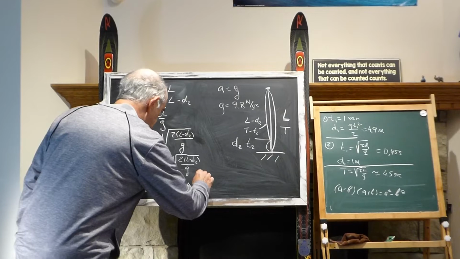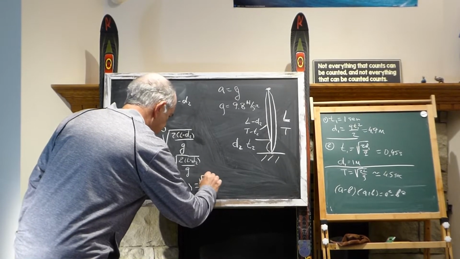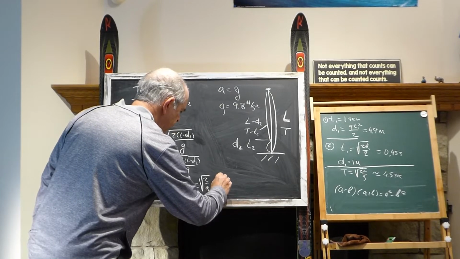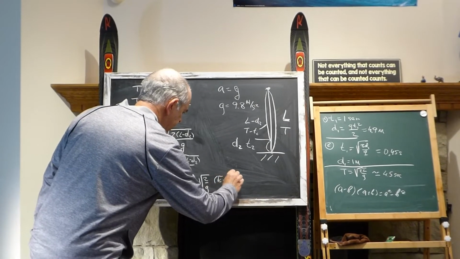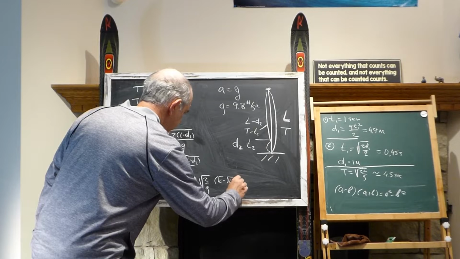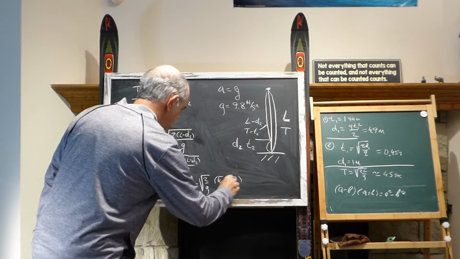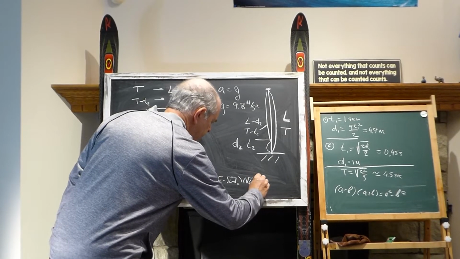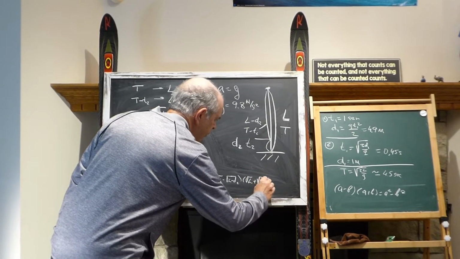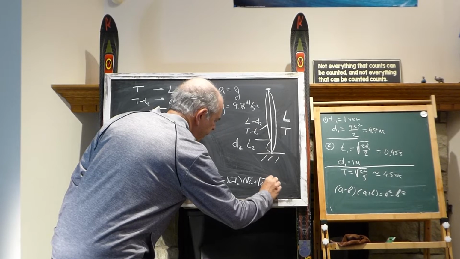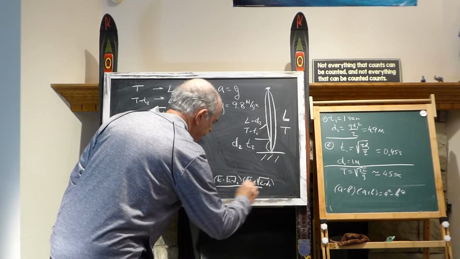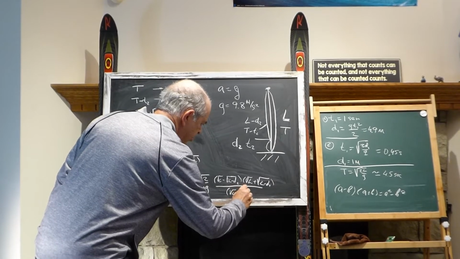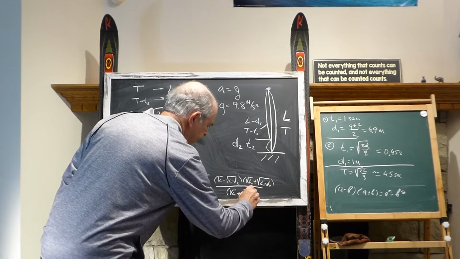So what I do here, I just write square root of 2 over G, and then I write this bracket, square root of L minus square root of L minus D2, and multiply by square root of L plus square root of L minus D2, and here would be this bracket. So I multiply the top and the bottom by the same bracket.